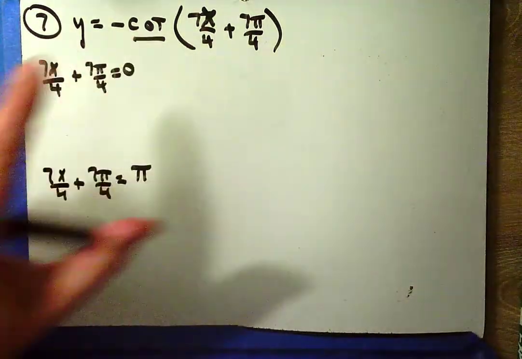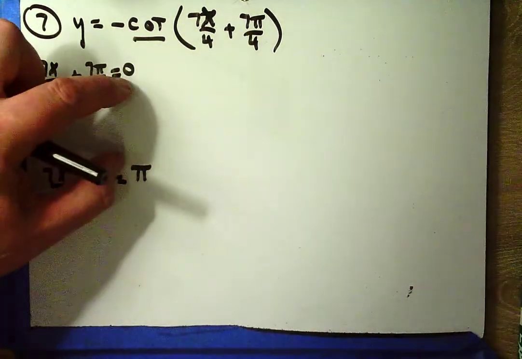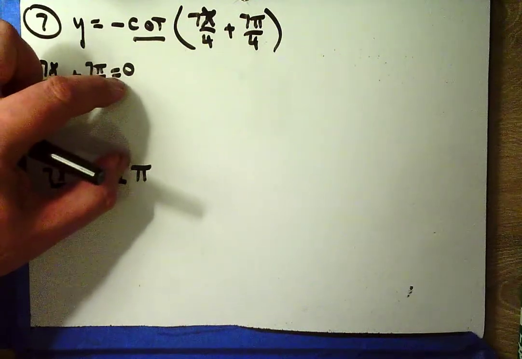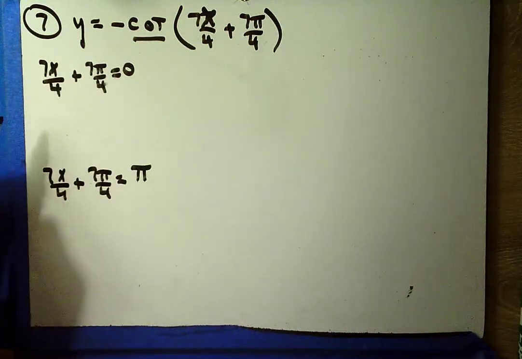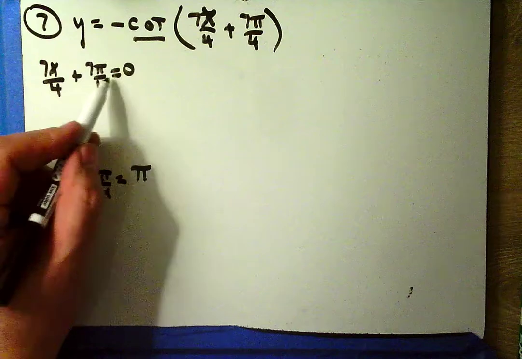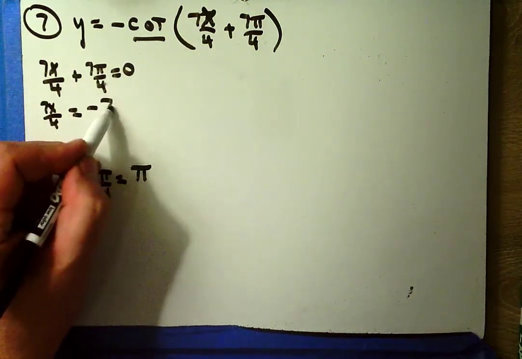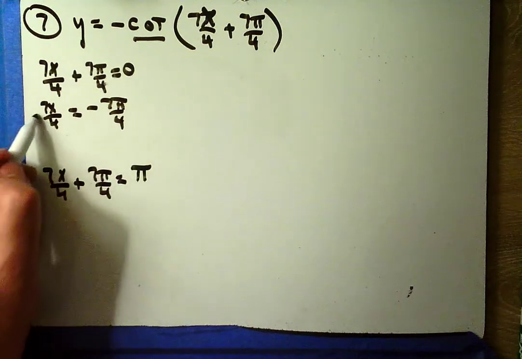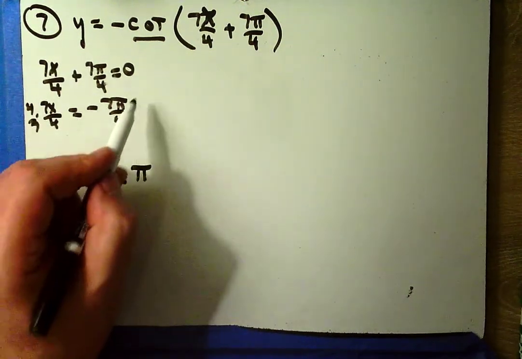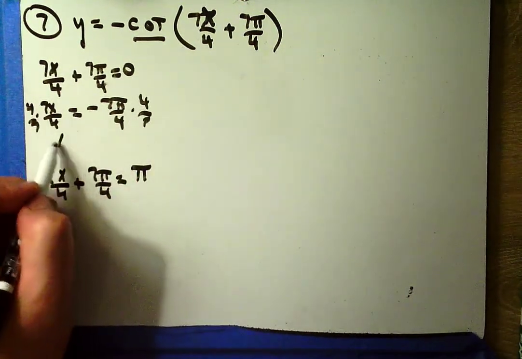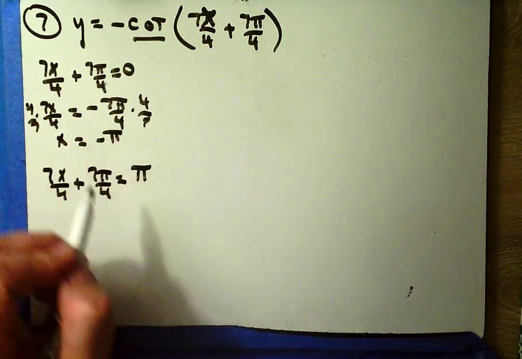Remember, the period for cotangent and tangent is pi. The distance between these endpoints is pi. So let's subtract 7 pi over 4. 7x over 4 equals negative 7 pi over 4. And multiply by 4/7, and we get x equals negative pi.